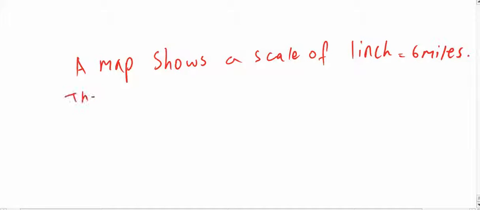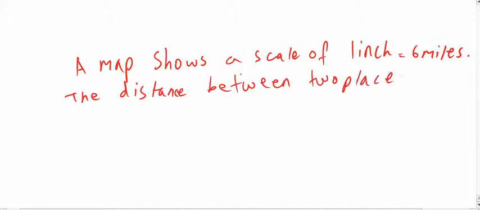The distance between two places on the map is 4.25 inch.